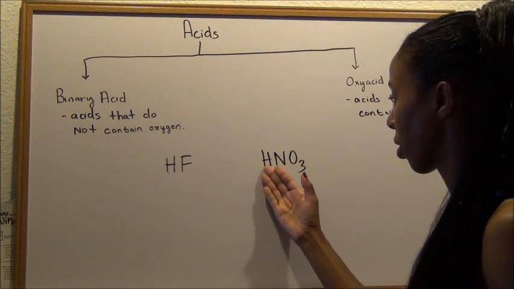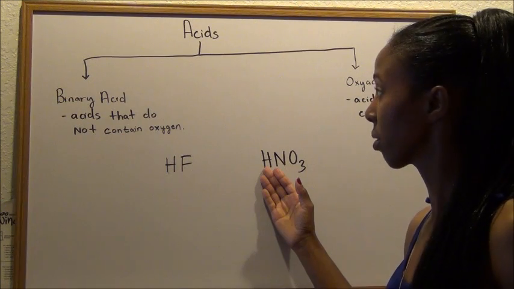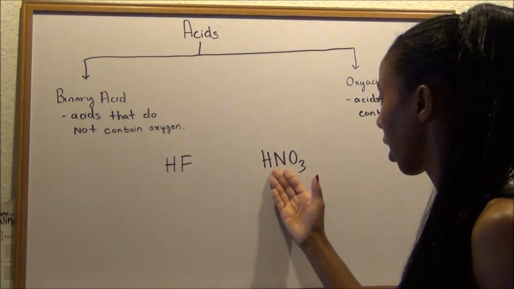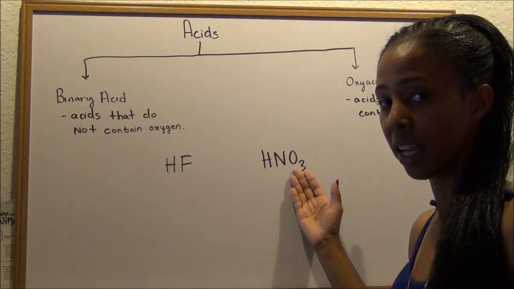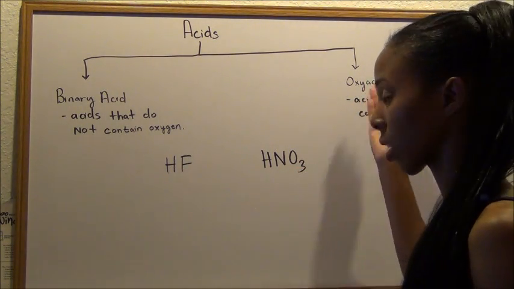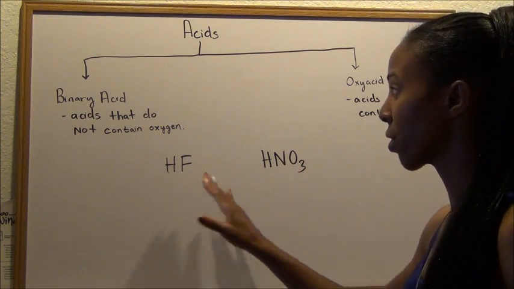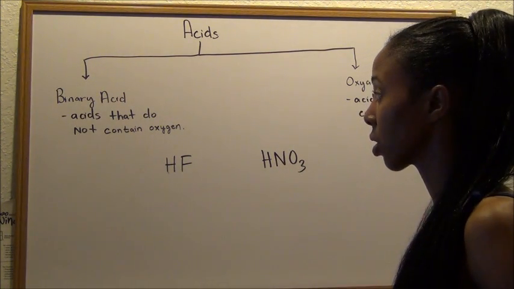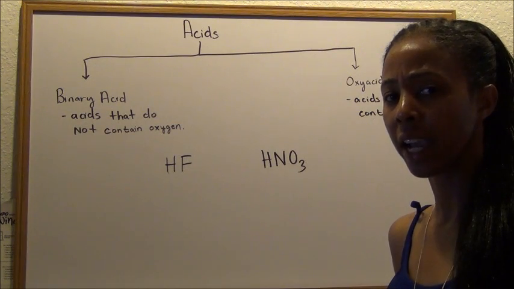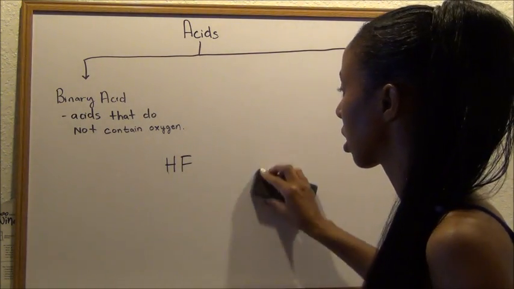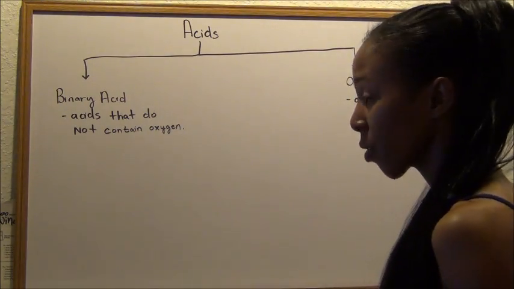Here we have a molecule that has hydrogen written out front, so therefore it's an acid. And here this acid has oxygen in it, so it's an oxyacid. So the first step is to figure out, do I have a binary acid or an oxyacid? Well, let's go in and figure out how to name them.